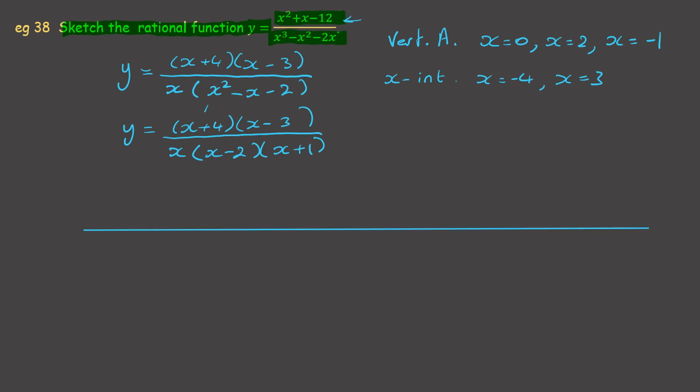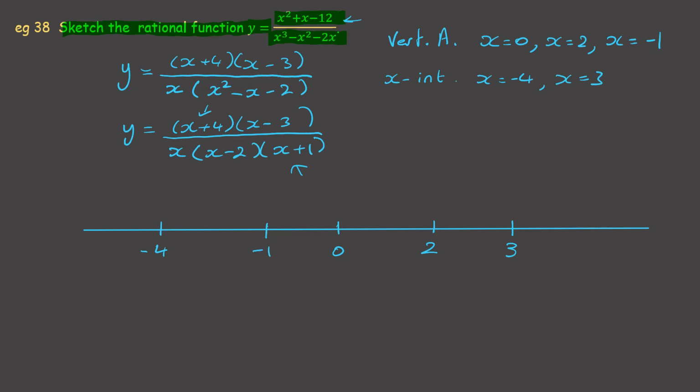So x plus 4 changes sign at negative 4. x plus 1 changes sign at negative 1. x changes sign at 0. x minus 2 changes sign at 2. And x minus 3 changes sign at 3.